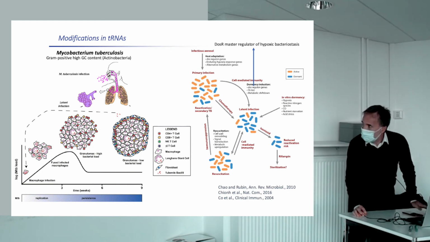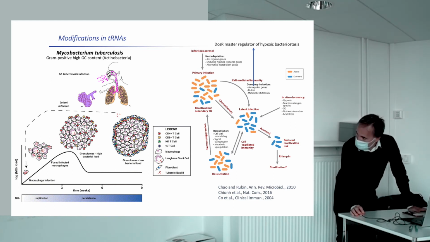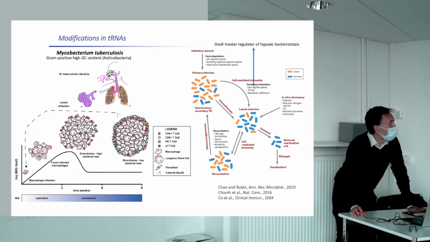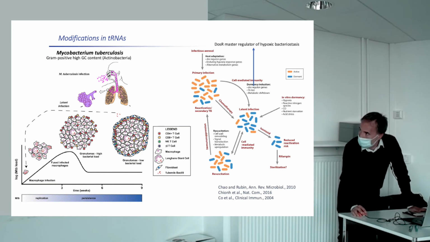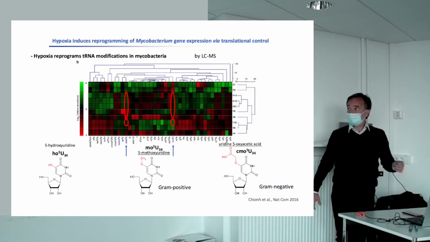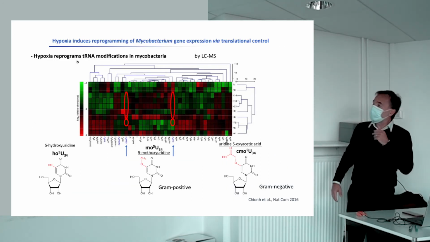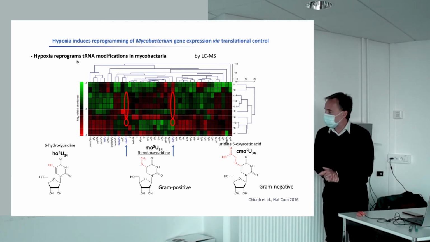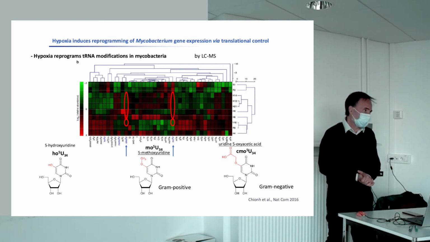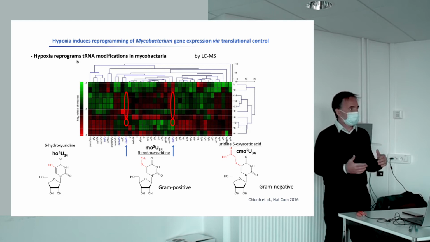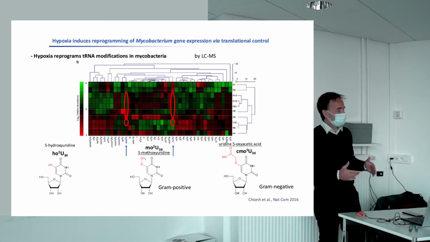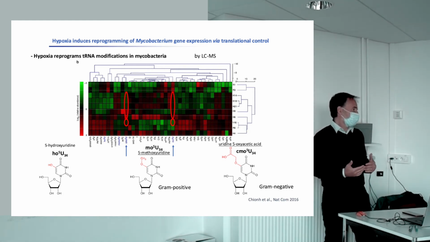Okay, and thanks to different publications cited here, we are going to see how important is the modification on tRNA for this lifestyle change of Mycobacterium tuberculosis. In fact, they have done very elegant experiments to check the modification state on the tRNA under hypoxic condition.